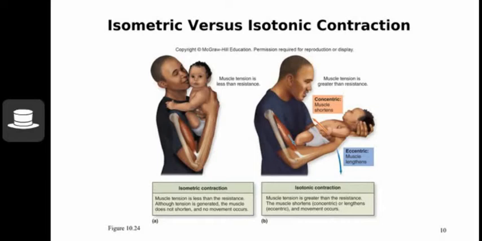And as the muscle is getting longer, that's our eccentric contraction. And as it gets shorter, that's the concentric. If you have a circle and you make smaller circles inside that circle, these are concentric circles. And if you make bigger circles around the outside, these are eccentric circles. And so that's where we get those names from.